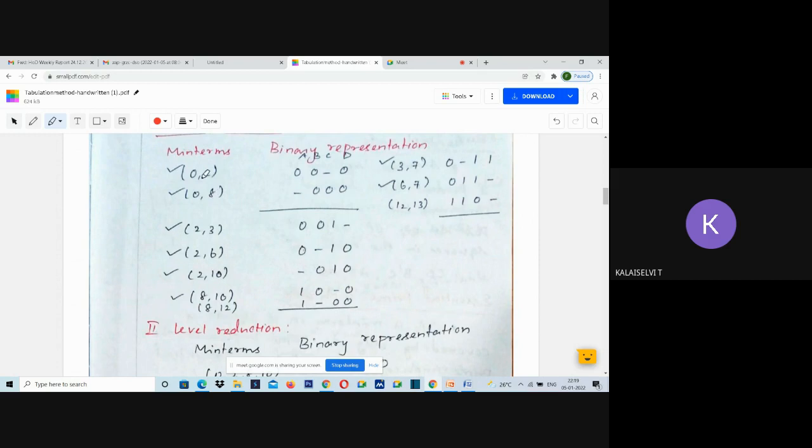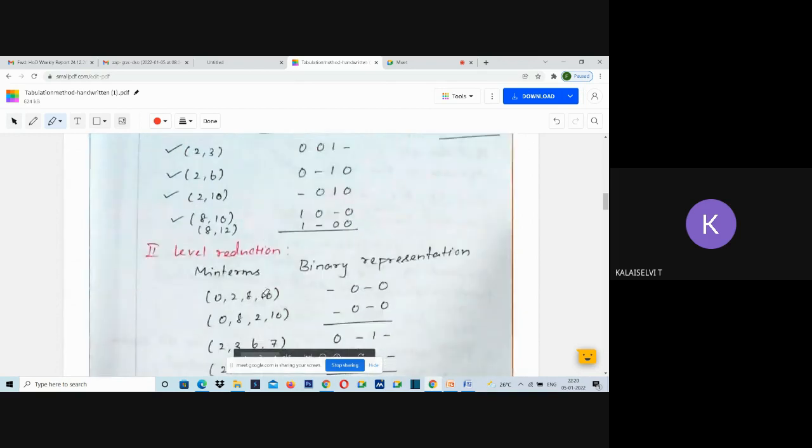Which are the combinations? 0,2,8,10. For 0,2,8,10, the hyphen occurs at the third bit here, and here also the hyphen occurs at the third bit, and there is a difference in only 1-bit position. So we can make a group of 0,2,8,10.